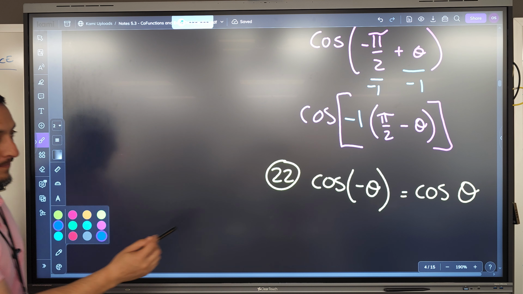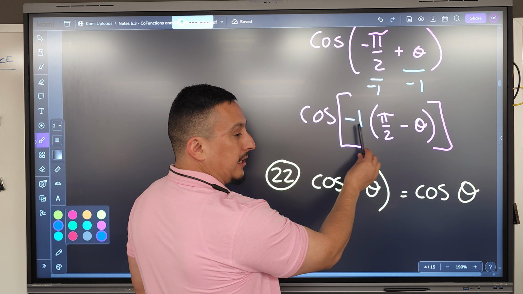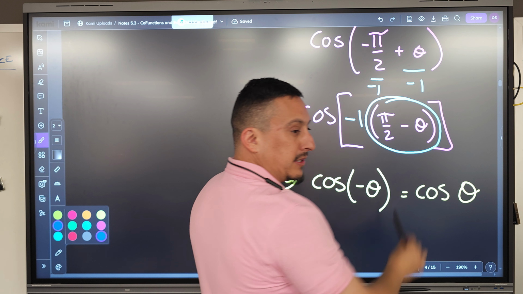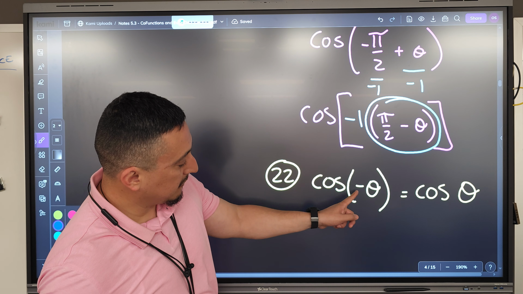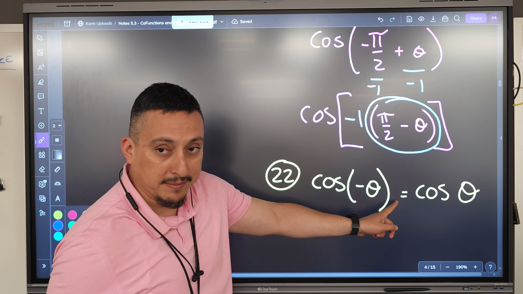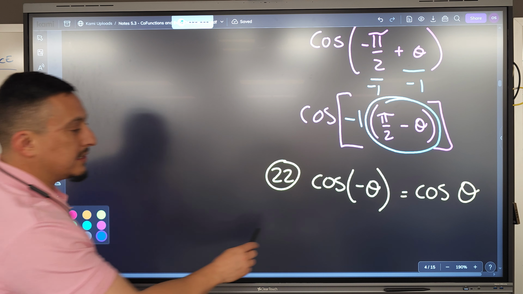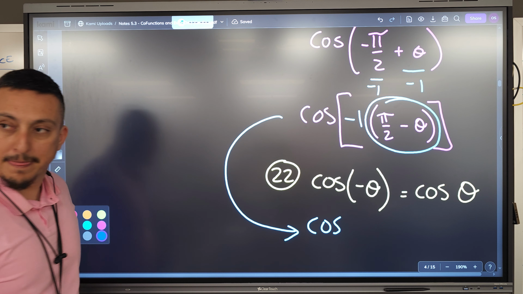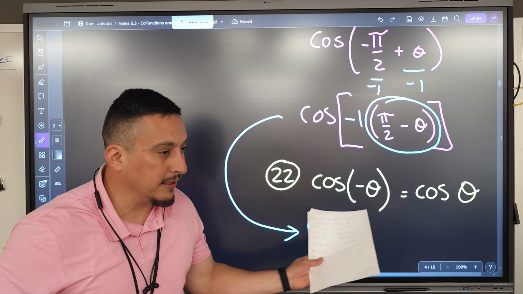Like this, watch. Cosine of a negative angle, okay? Cosine of a negative, all this is your angle, right? Pi over 2 minus theta, that's just an angle. So cosine of a negative angle is the same as cosine of a positive angle. So this is the same as cosine. Okay. I can get rid of that negative because they're the same thing.